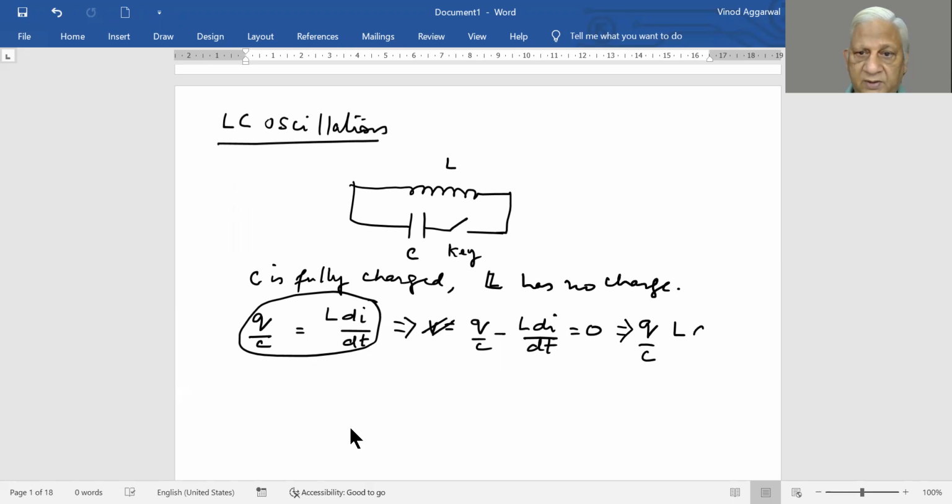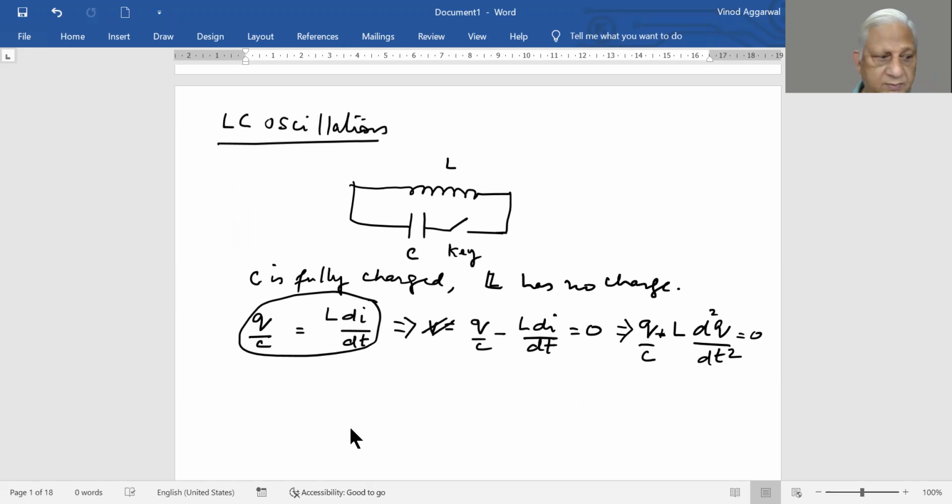So this becomes double differential of Q by dt square. Since Q is discharging, the sign becomes positive.